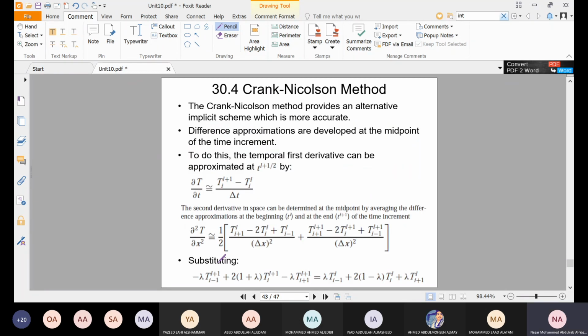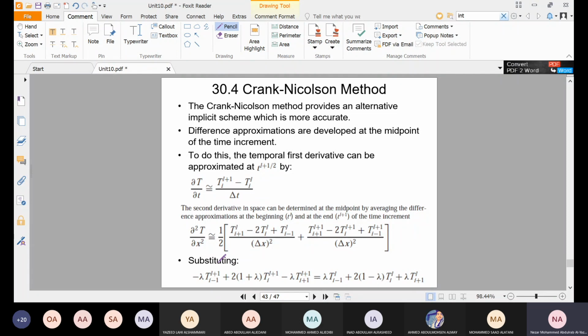Another method used to solve this implicit problem we call the Crank-Nicolson method. The Crank-Nicolson method provides another solution for implicit problems, and this type is more accurate.